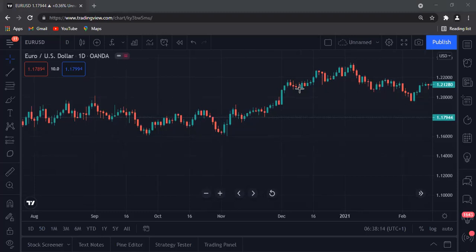We have three types of charts: the Japanese candlesticks, the bar charts, and the line charts. I think TradingView should have them. Let me bring them up.